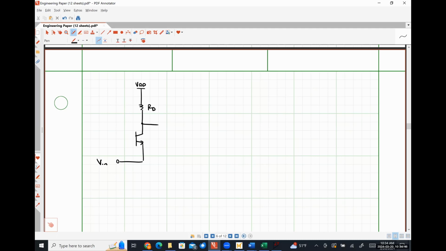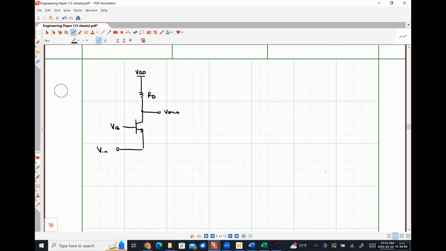Here's VN. Here's V out. Here's VB. So let's solve for our voltage gain here using traditional methods. Okay. So our small signal circuit would look something like this.